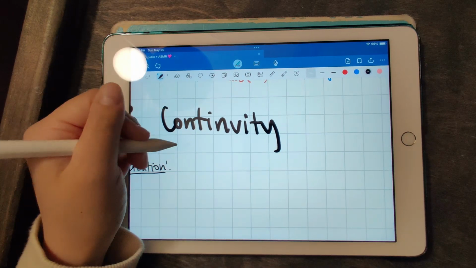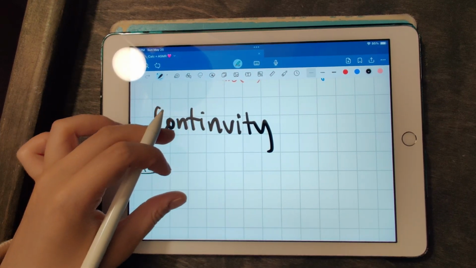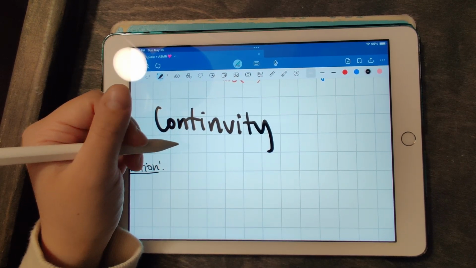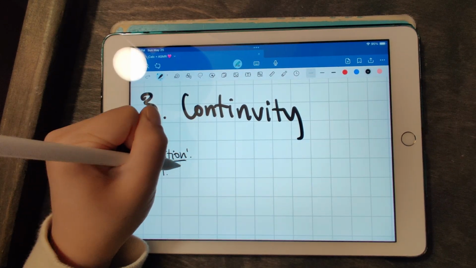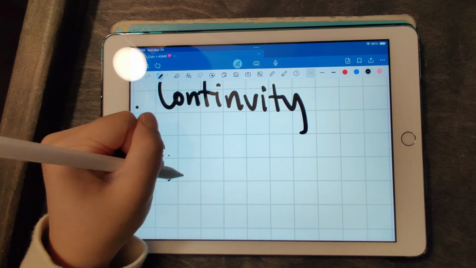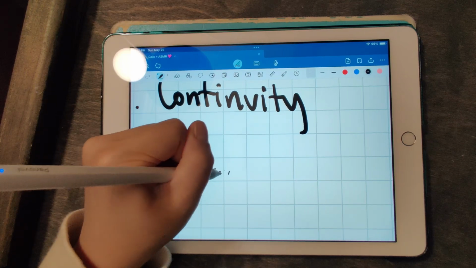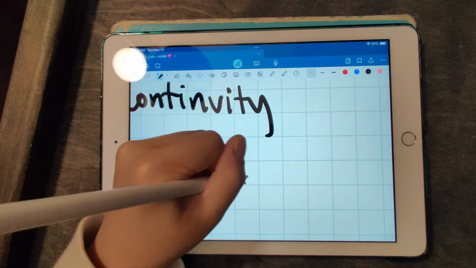There are three requirements for a function to be continuous at the point x equals a. The first is that we need f of x to be defined at x equals a.